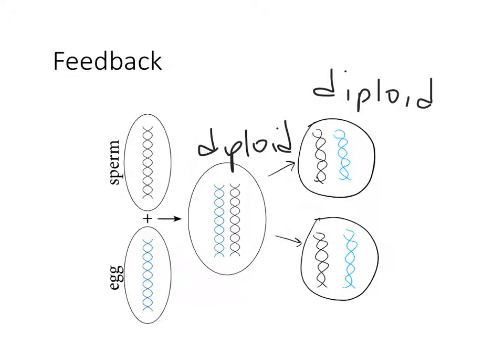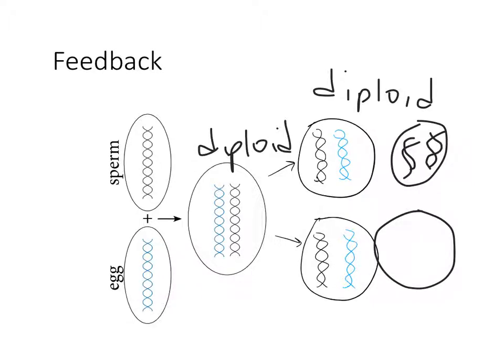In fact, this is going beyond what we've already talked about in class, which is that not only do the daughter cells have to have 2 copies of every chromosome, like the mother cell, they also have to have 1 copy of dad's chromosome and 1 copy of mom's chromosome. So you'd never see the case where one daughter cell gets 2 black double helices, the sperm ones, and the other daughter cell gets 2 chromosomes that are both from mom.